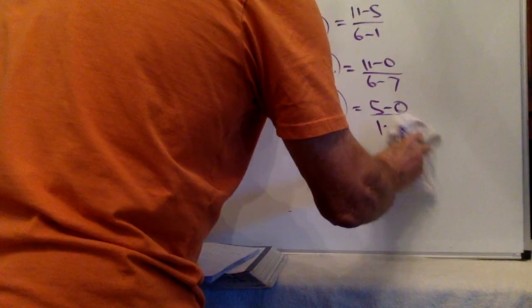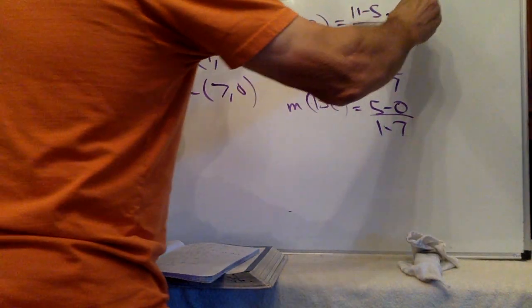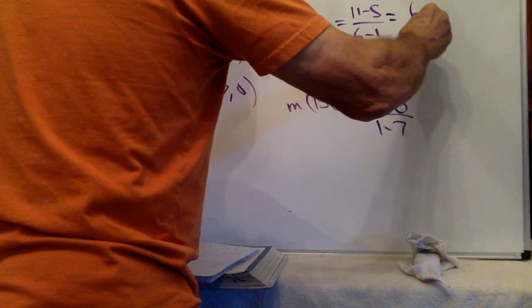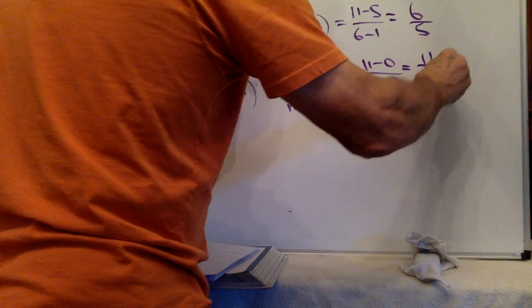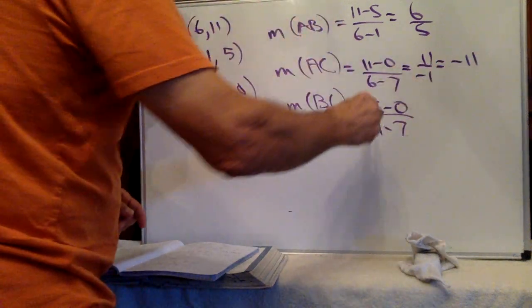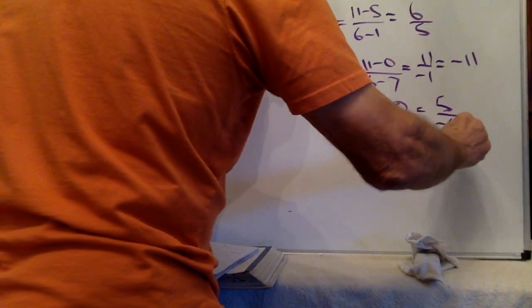So 11 minus 5 is 6. 6 minus 1 is 5, so 6/5. Here I get 11 over negative 1, which is negative 11. And here I get 5 over negative 6.